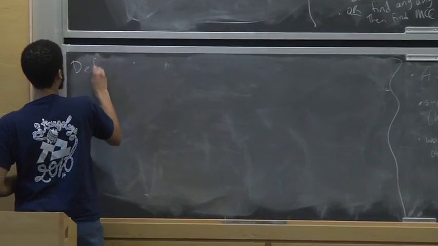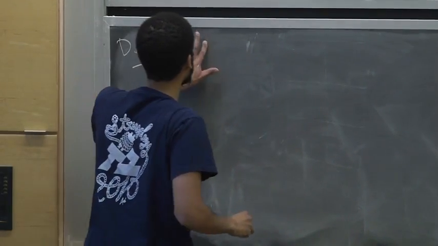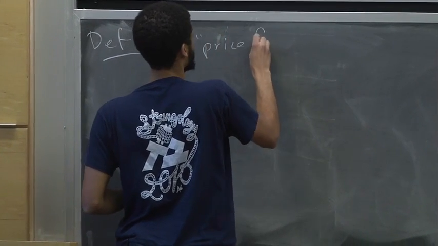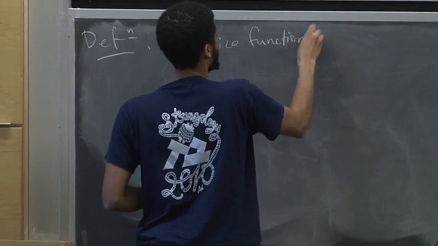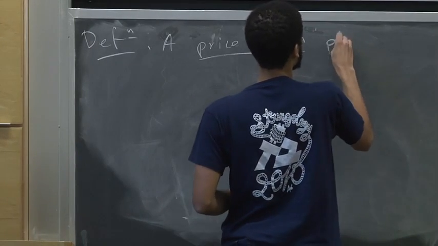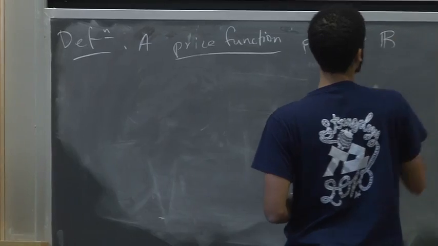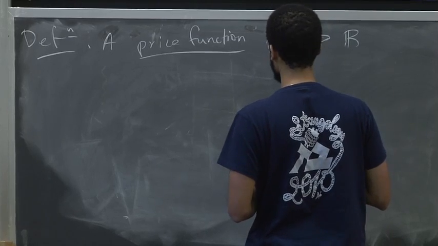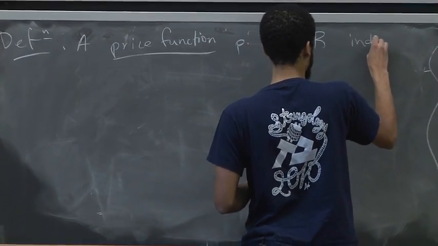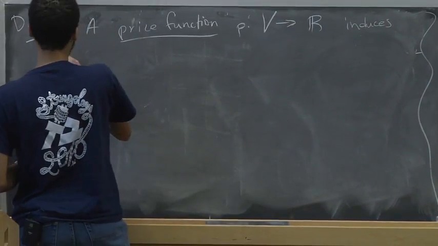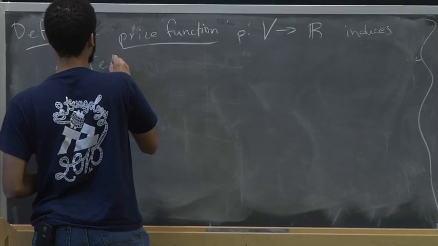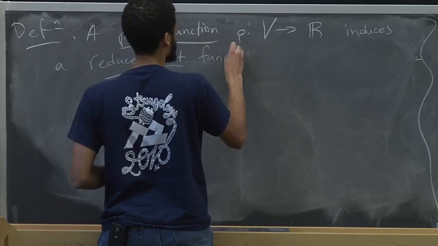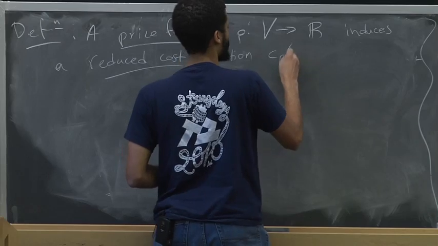So, definition: a price function, really P, which maps the vertices into the real numbers, induces a reduced cost function. So let's say we have an edge UV.